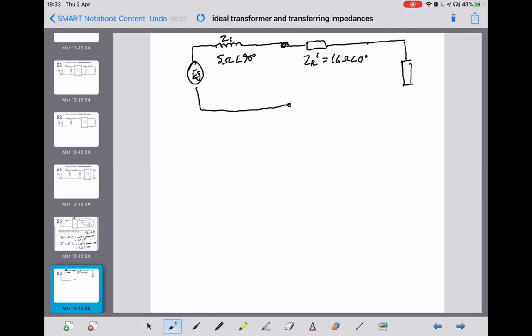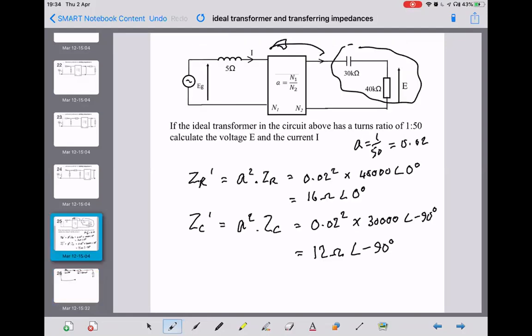Why didn't we do ZL dash? No, because ZL is a primary side component, Ben. It's already on that side. So if we label these, that would be ZL, that'd be ZC, this would be ZR, but it's only the ZC and ZR we transferred across.